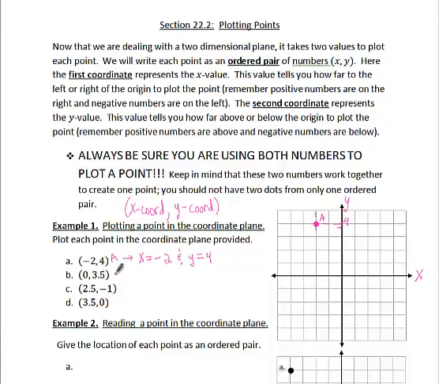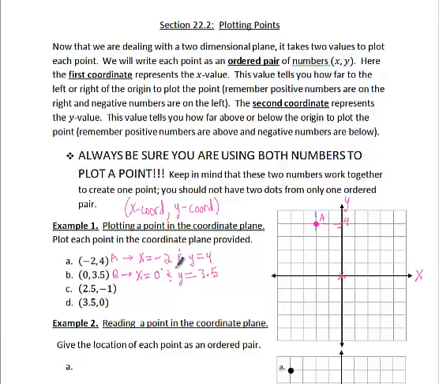Alright, what about this next point? Well, it's point B. That's the way we'll label it on the 2D plane. And I have an x coordinate of 0 and a y coordinate of 3.5. Alright, so I go to the x-axis and I start at the origin. This is where I'll start, and x equals 0 right here.